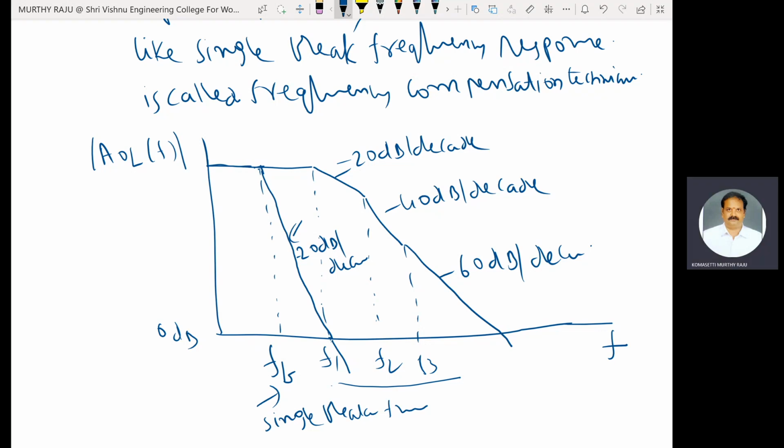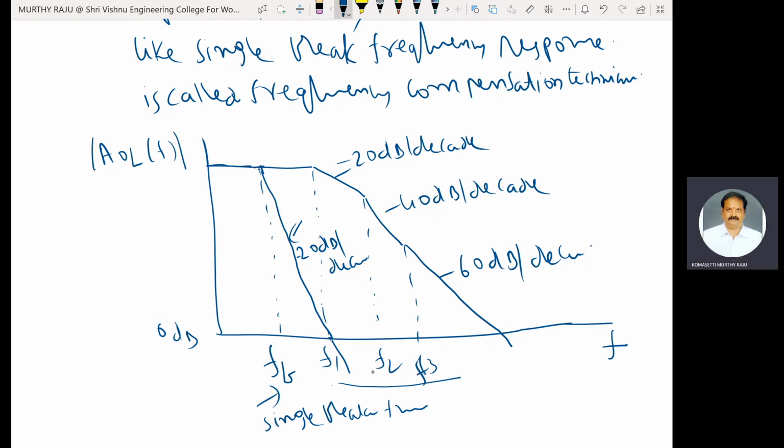in order to eliminate that instability effect, we use frequency compensation networks connected in series with the uncompensated network. Therefore, the gain decreases at the rate of minus 20 dB per decade and crosses the 0 dB axis at a pole of F1, or F2 or F3.